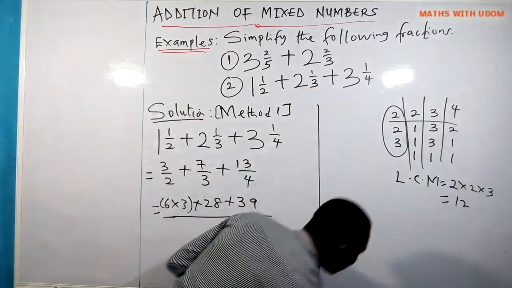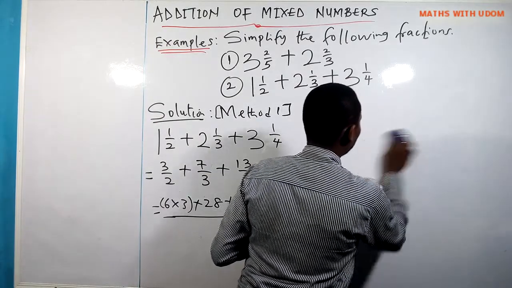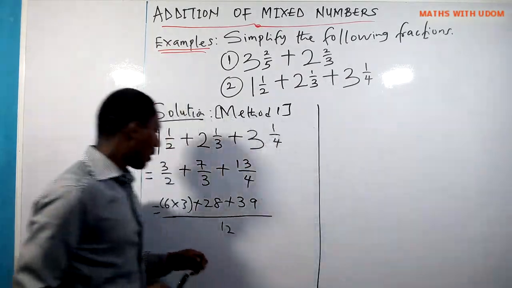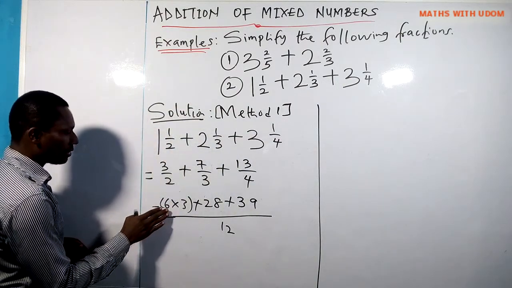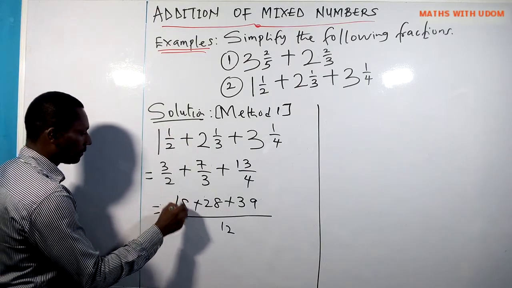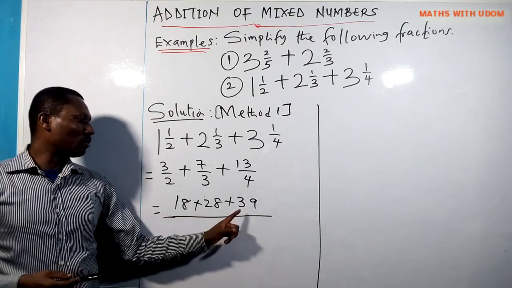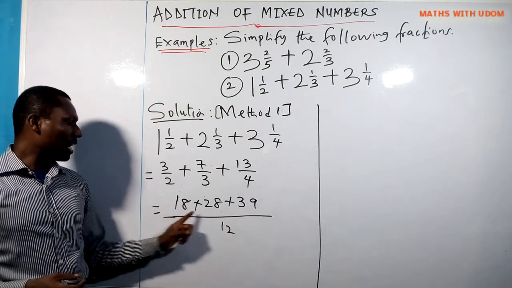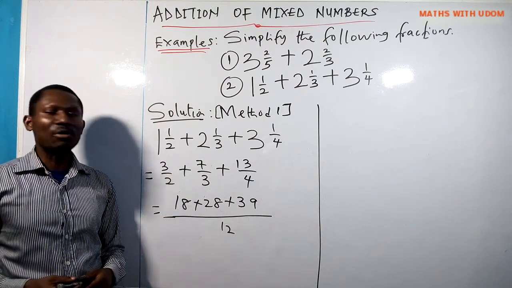So the next step is that we are going to, okay, let me just make this one 18 directly. 6 times 3, 18. Okay? So the next thing is for us to add all the numerators together. When we add all the numerators together, 18 plus 28 plus 39, that will give us what?